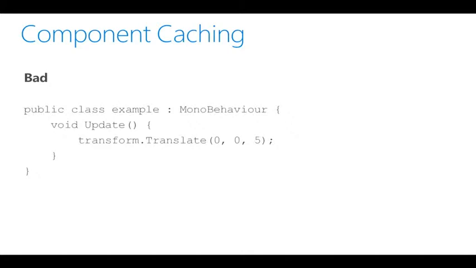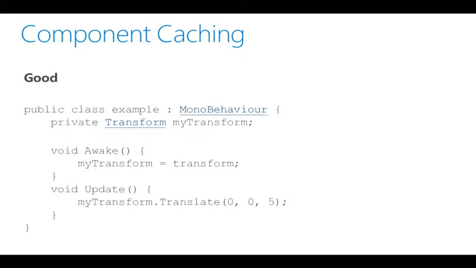So instead of directly referencing components, you're going to want to cache those references off. So a better way to do that is, if you know you need to re-access something multiple times a frame or over multiple frames, go ahead and cache off a reference to that object, such as declare a transform variable, assign your actual transform reference into that, and use that reference.